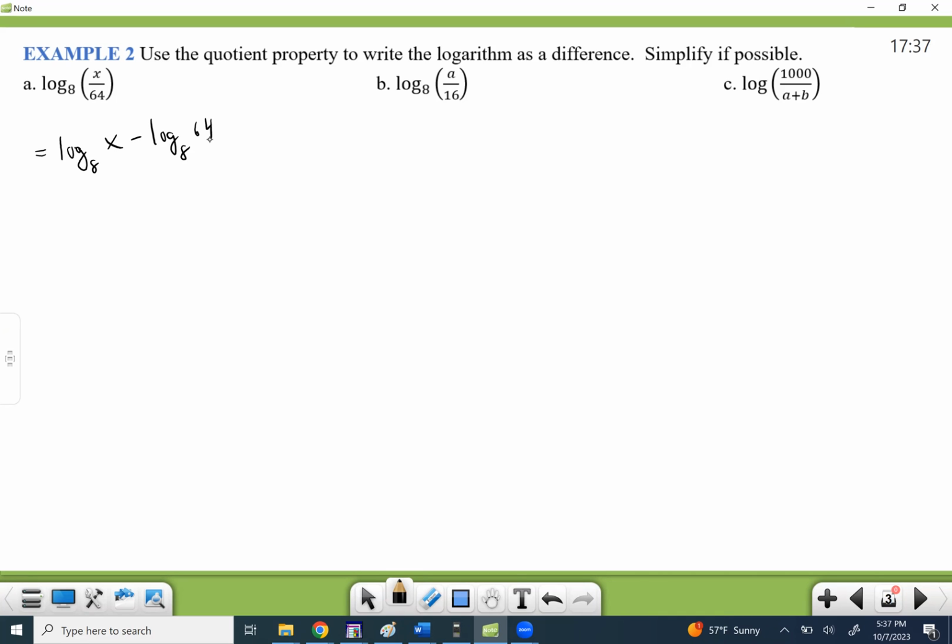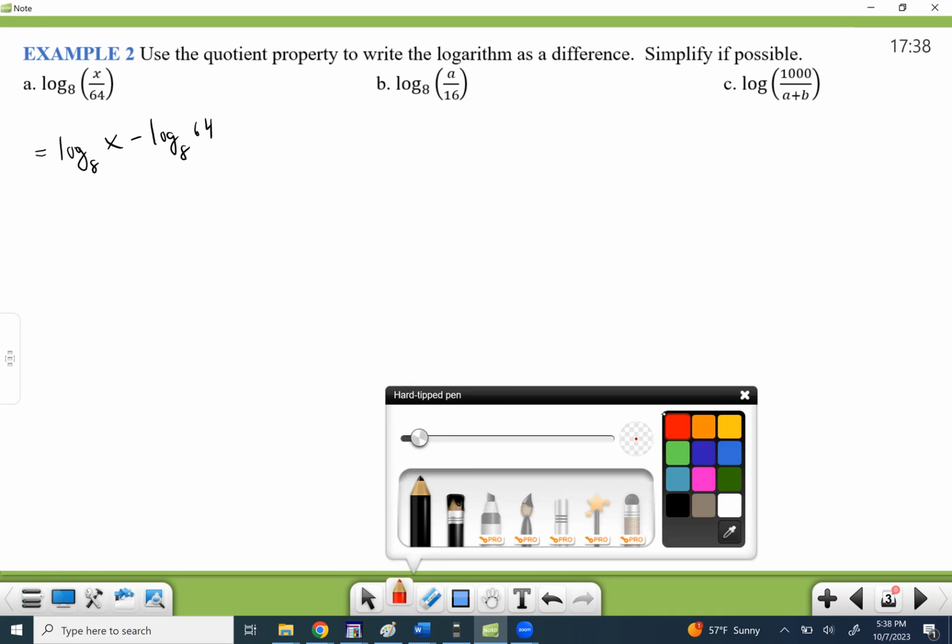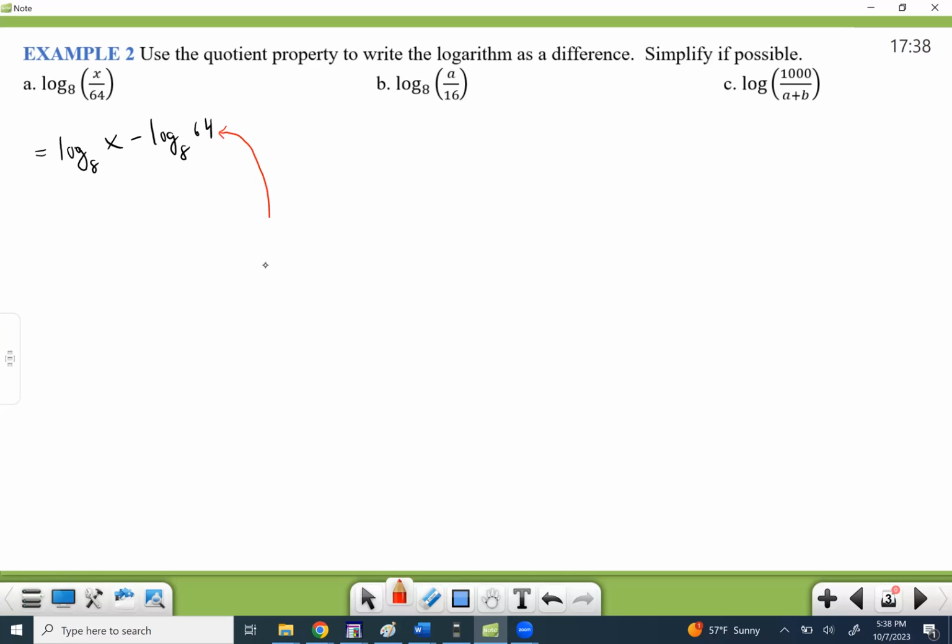Then we have to ask ourselves if we can continue. Let's look at this one down here. If we have log base 8 of 64 and we add our equals x, that means 8 to the what power gets you 64? Maybe you can see that the answer would be 2, because 8 squared is 64.